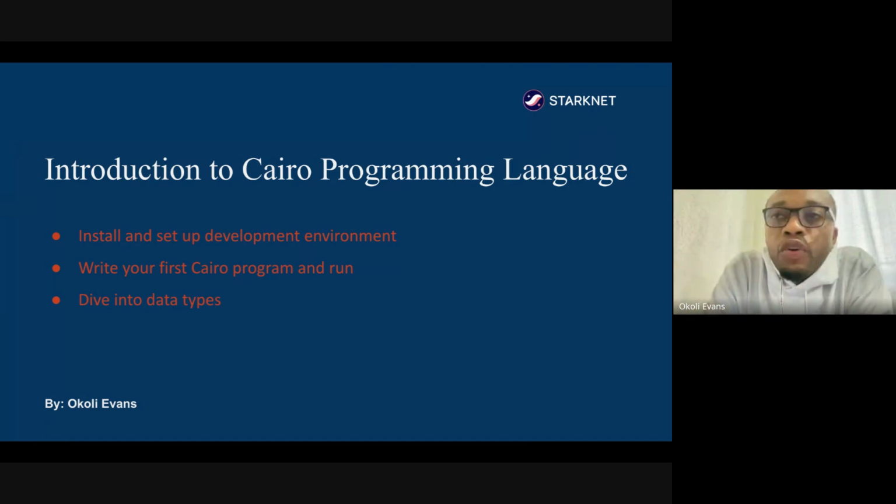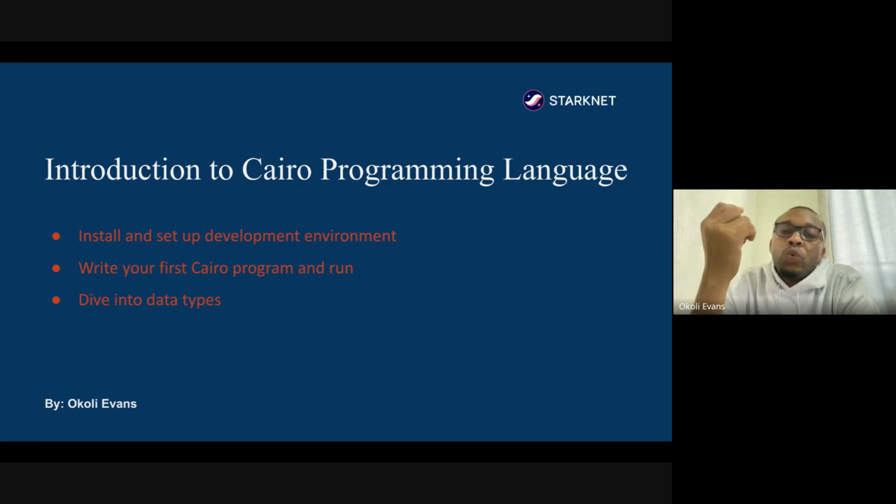Now we go into the Cairo programming language. So I mentioned earlier that Starknet is the protocol. The language you use to write programs or smart contracts on the protocol is called Cairo. Cairo is almost Rust, it's derived from the Rust programming language.